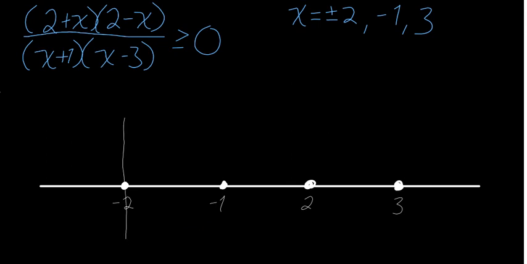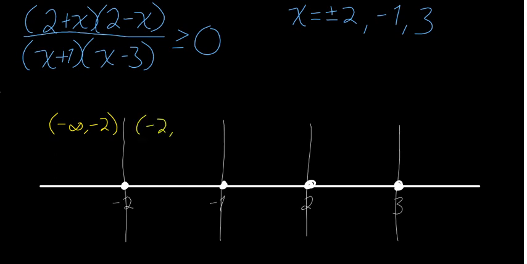Put up our boundaries and write our intervals. So this interval is from negative infinity to negative 2. This one is from negative 2 to negative 1, negative 1 to a positive 2, positive 2 to a positive 3, and positive 3 to infinity.